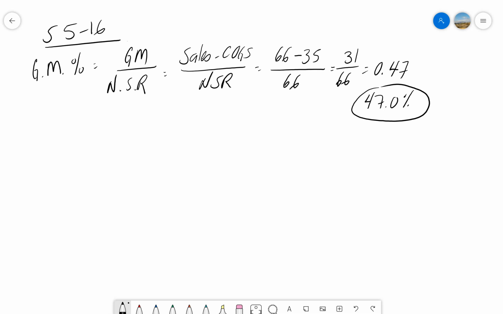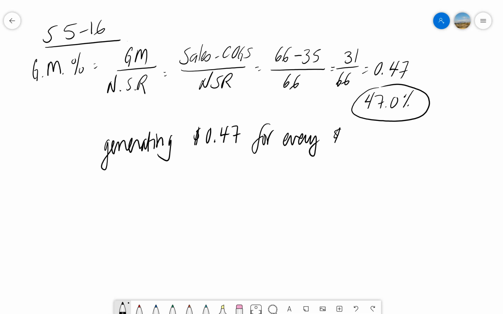So another way of thinking about this is, for every dollar of sales revenue, we're generating 47 cents of gross margin. So we're generating 47 cents of gross margin for every dollar of sales. So obviously a higher gross margin percentage is better.